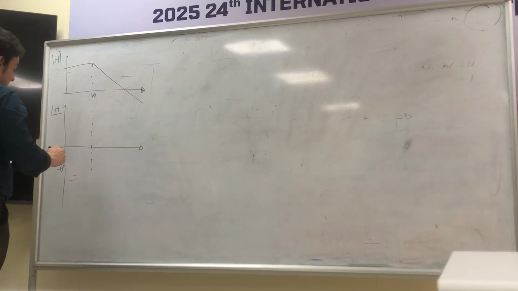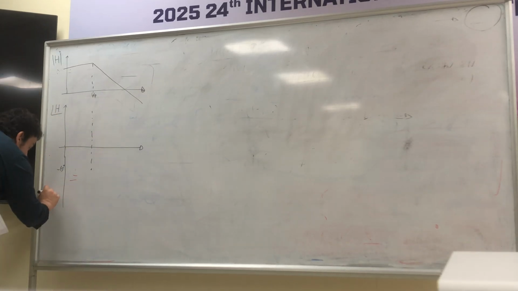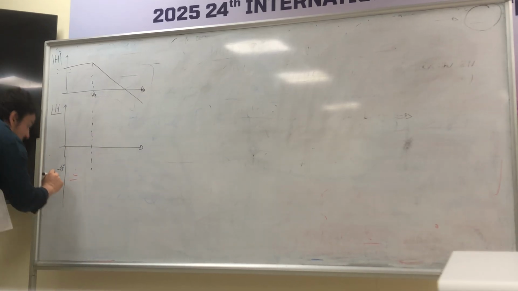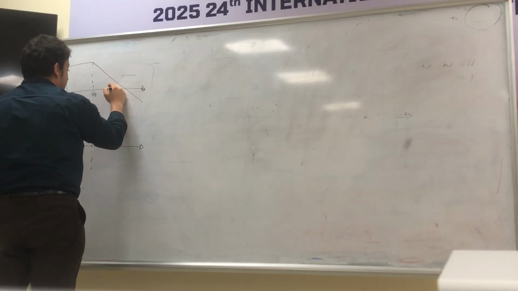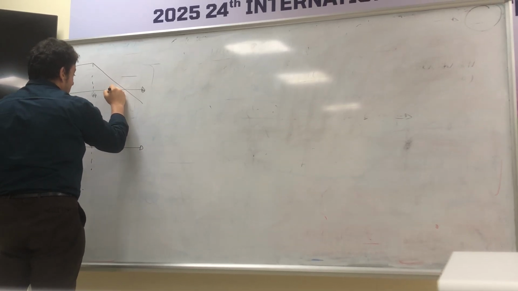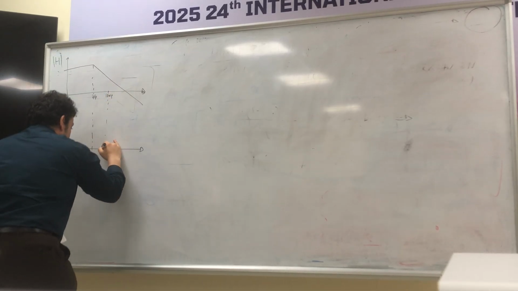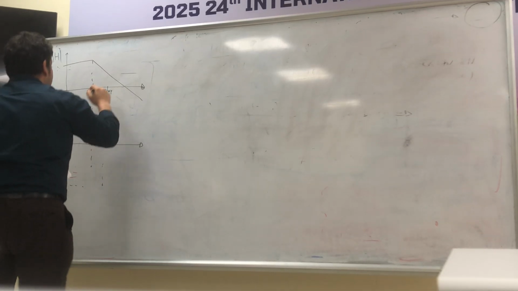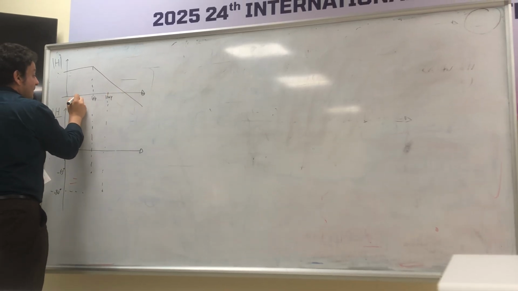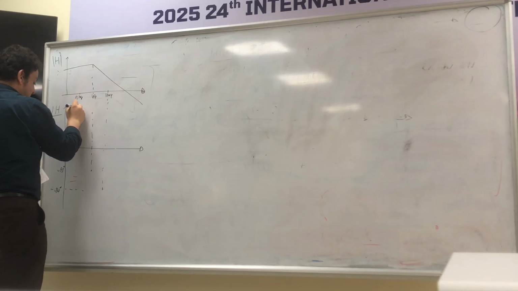And this phase shifting becomes minus 90 degrees a decade later. So if we have omega p here, we have 10 omega p, where I have minus 90, and a decade before I have 0, okay?